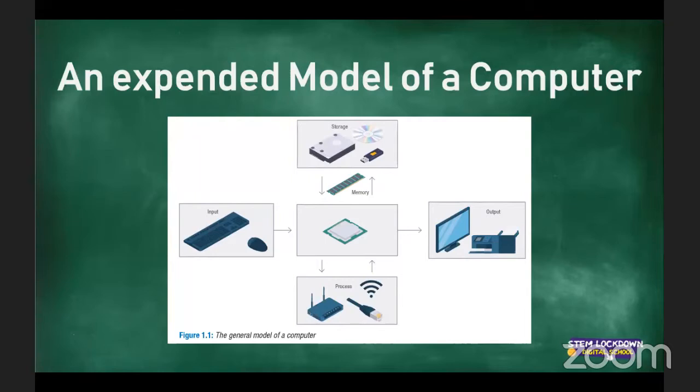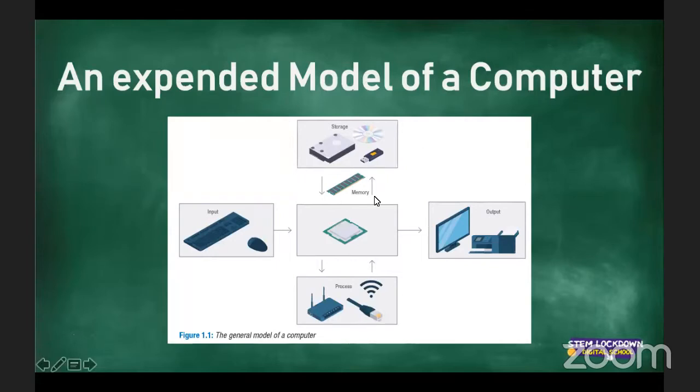The most common input devices are keyboards and mice. The second thing I want to bring your attention to is the output devices. These allow us to get some sort of feedback from the computer, some sort of output. The most common output devices are screens, printers, and speakers.